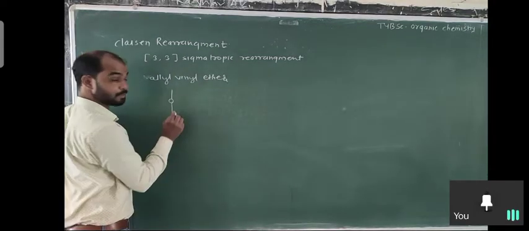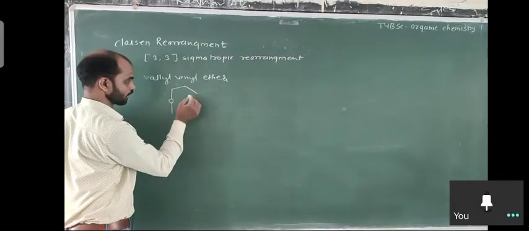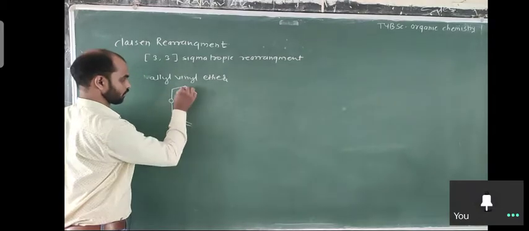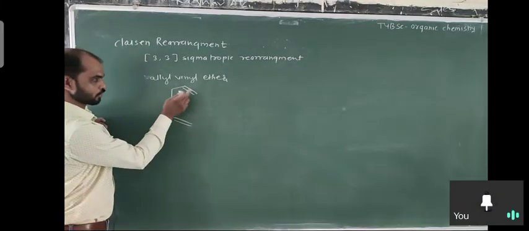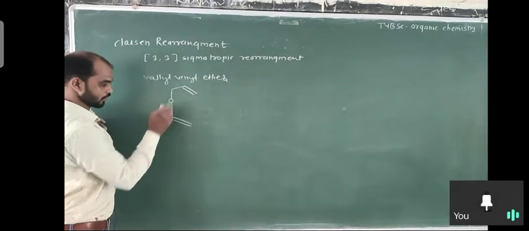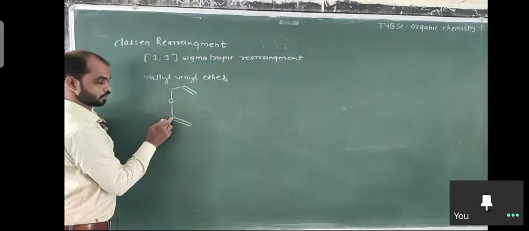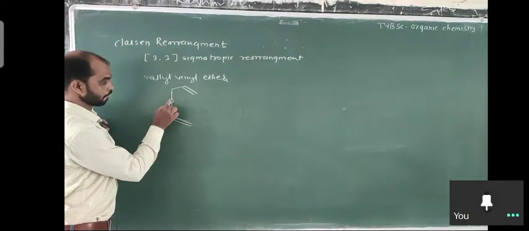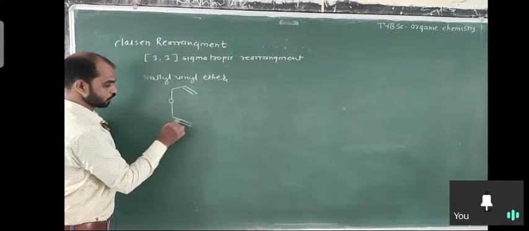Allyl position means this is the allyl position, this is the double bond, and this one is the vinyl position. So it is a 3,3 sigmatropic: 1, 2, 3, 1, 2, 3.